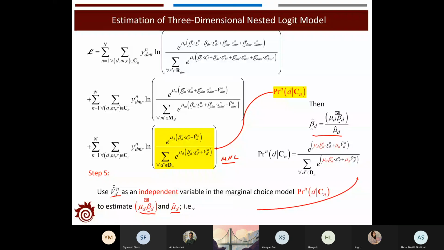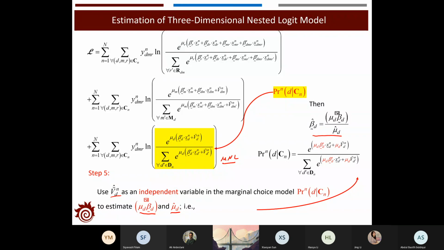So with that we have found all the coefficients. This step can also be extended to even higher dimensions. If you have 4 dimensions, you can go to step 6 to calculate the log sum term, and then step 7 to do the calibration.